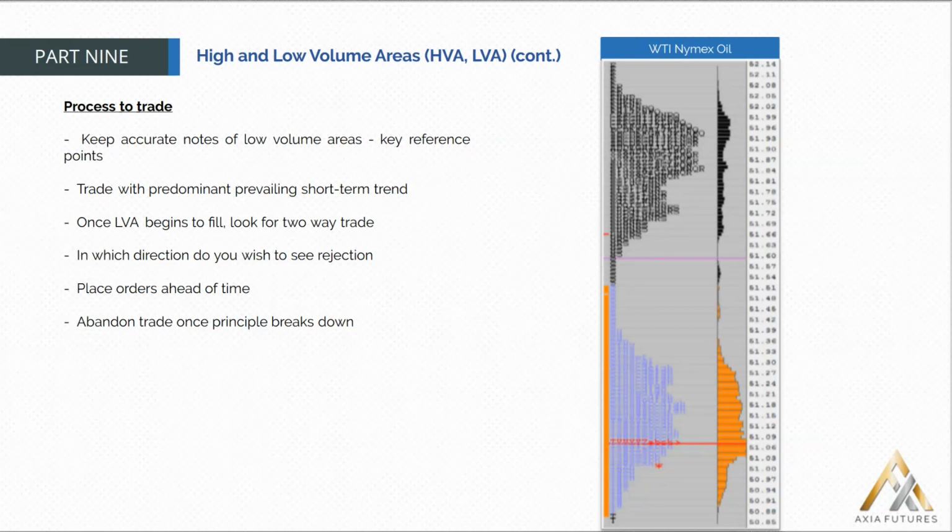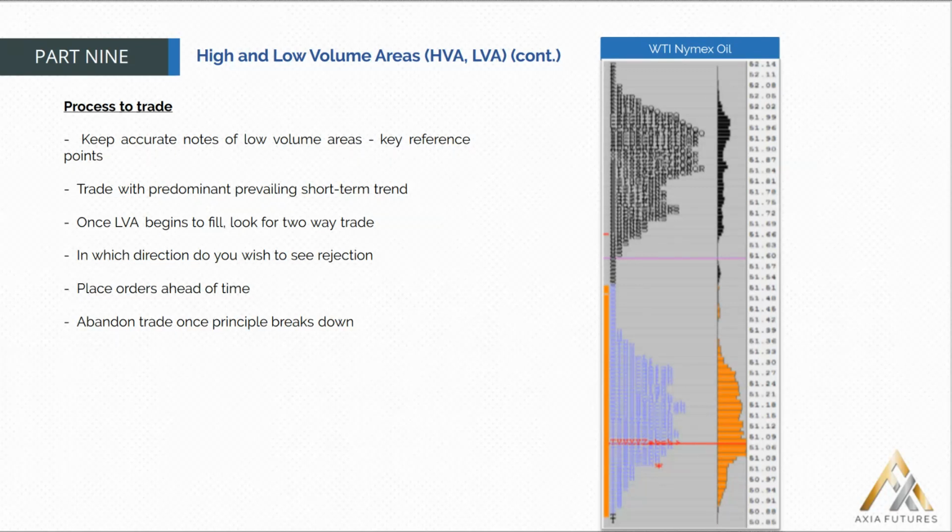Now note the low volume area, or the single TPOs that are untraded both in terms of time and volume. And the important thing to understand with regards to this is that we want to be maintaining short side trades only so long as the low volume area or single prints remain. Note, once the low volume area begins to fill, you want to look for two-way trade.